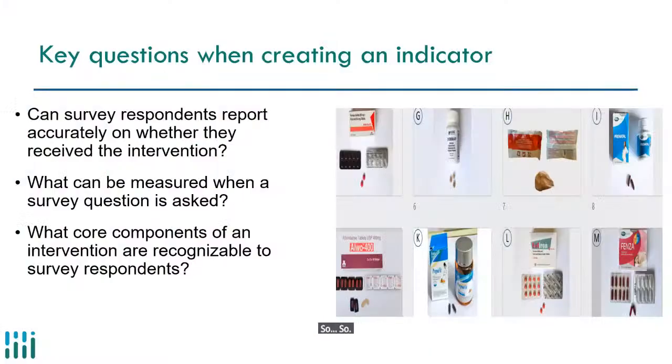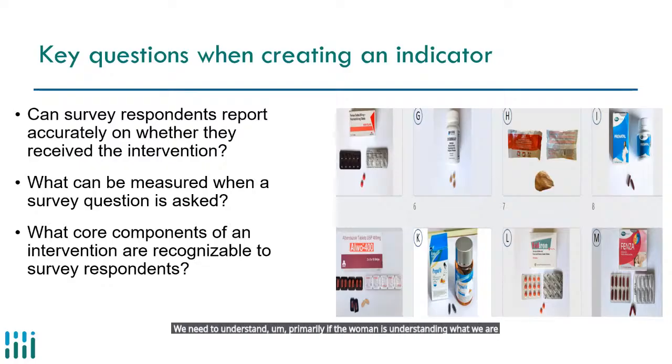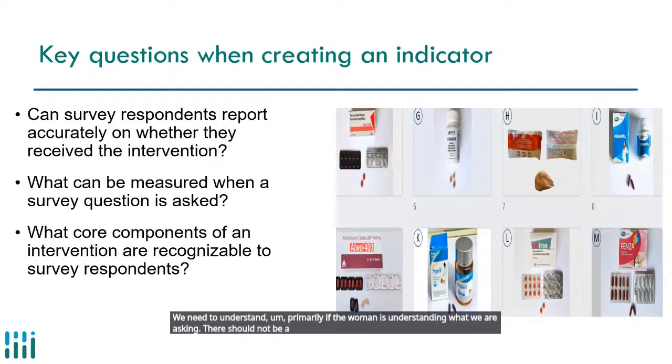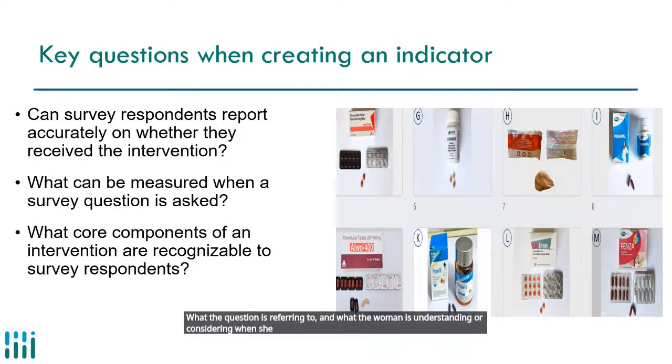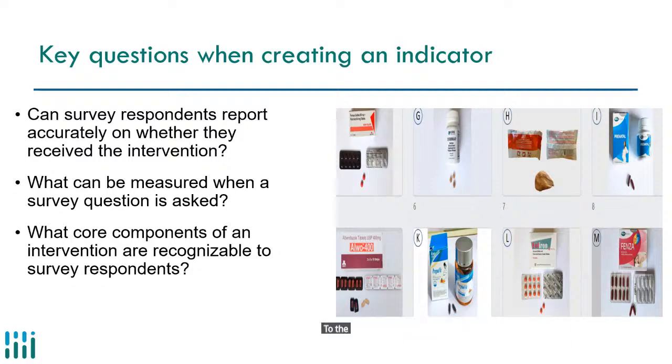So when creating key questions for an indicator, we need to understand primarily if the woman is understanding what we are asking. There should not be a disconnect on what the question is referring to and what the woman is understanding or considering when she's responding to the questions we are asking.